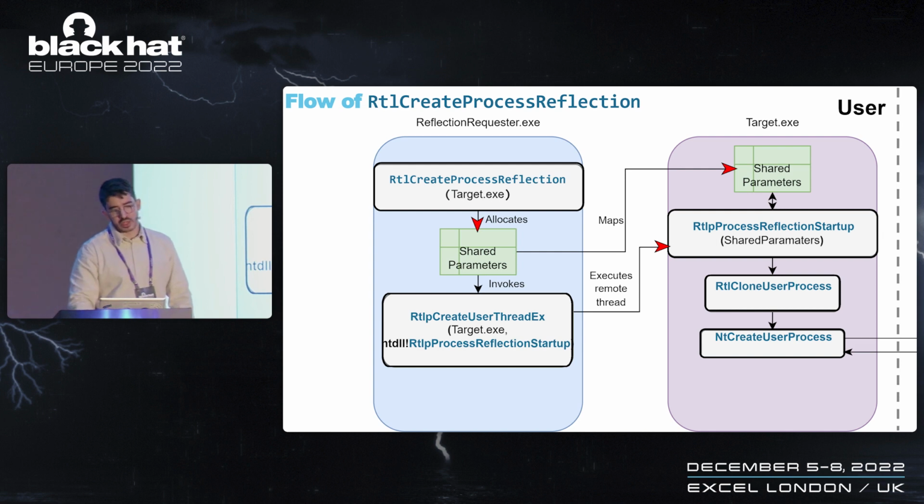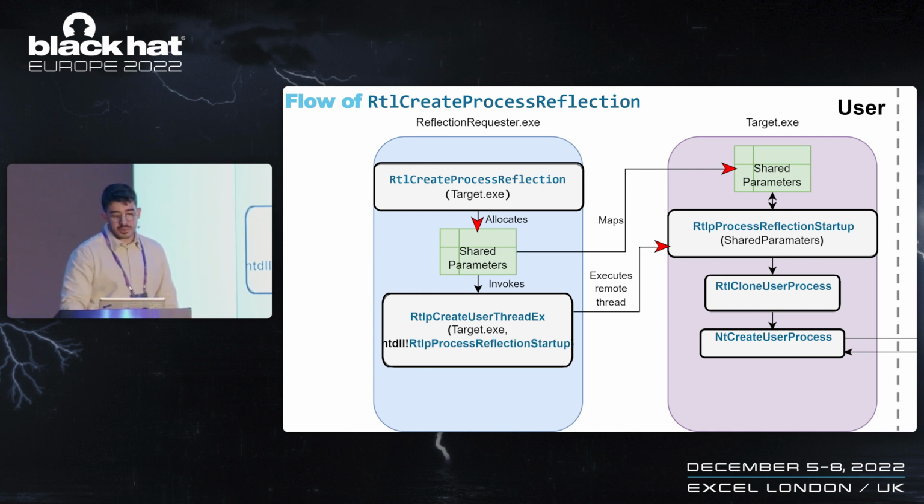This is a flow chart of the reflection API flow, but I'm going to guide you through each step. First, we have in this example a reflection requester that will request a reflection to be made on the target process. The reflection requester will issue a call to RtlCreateProcessReflection that will execute over the target with the target handle.